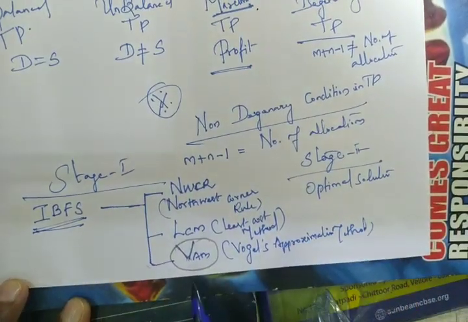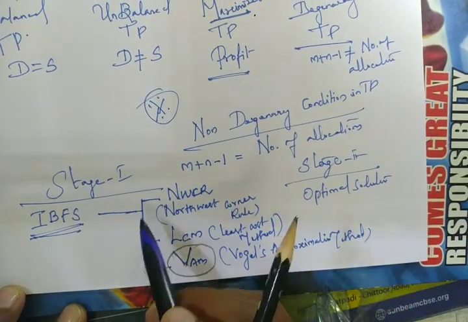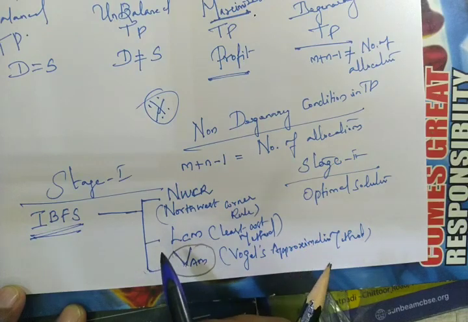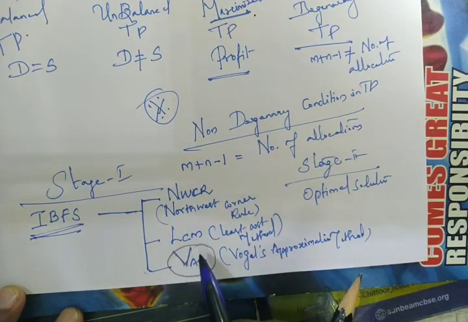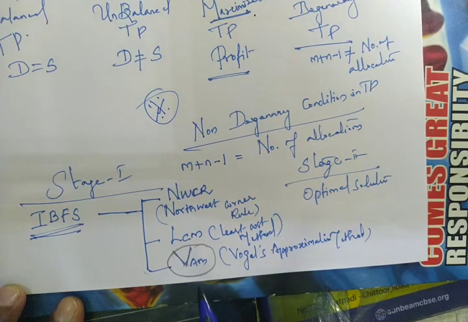WAM always gives the minimum value compared with the other two methods. Among NWCR, LCM, WAM, if the question asks which gives the least value, you have to take WAM. Okay, this is a very important one.